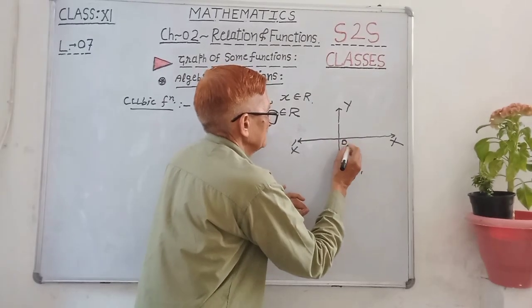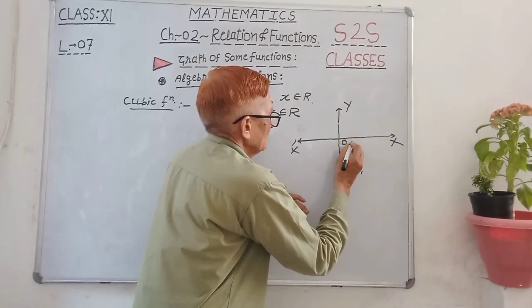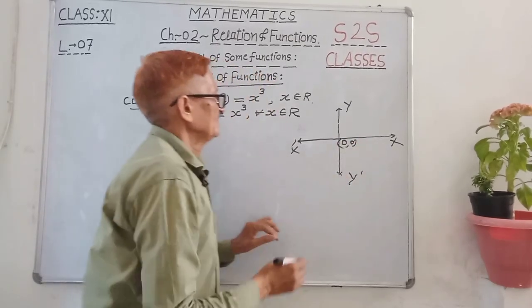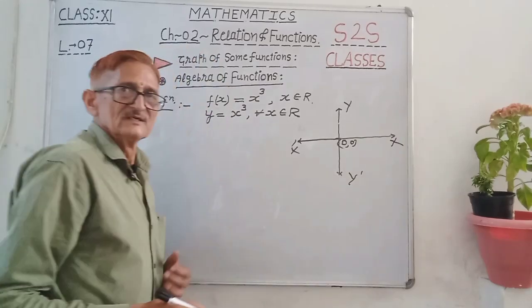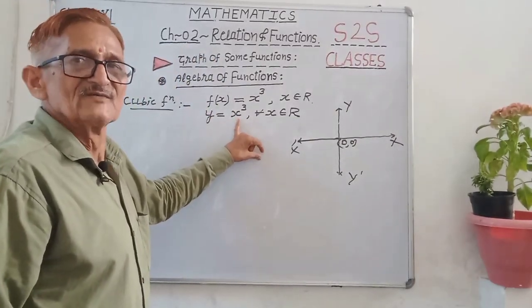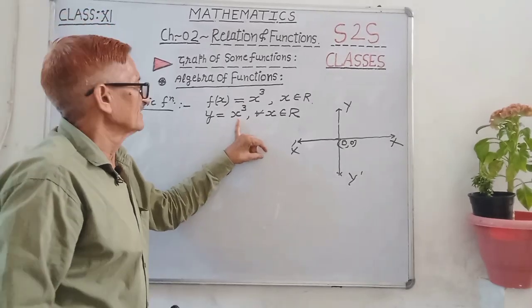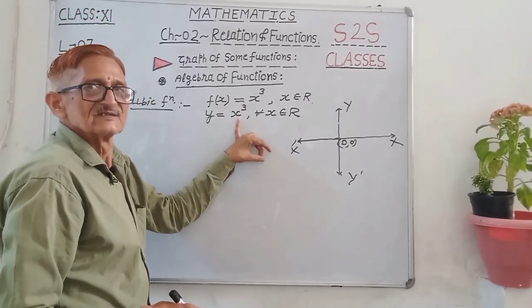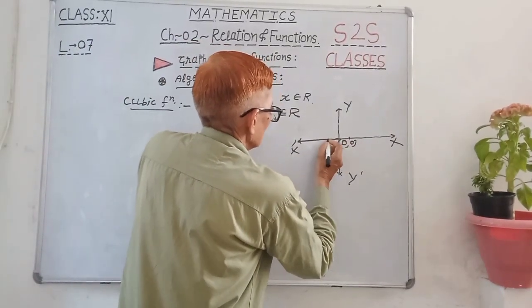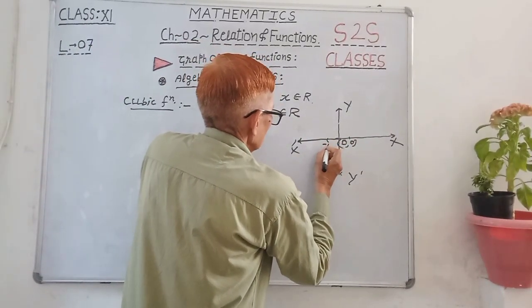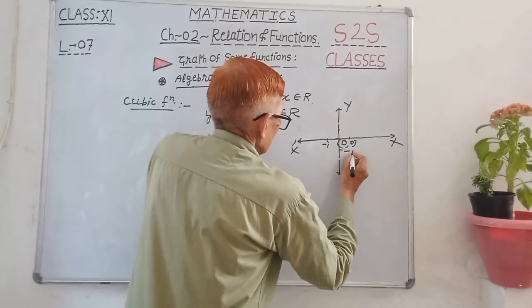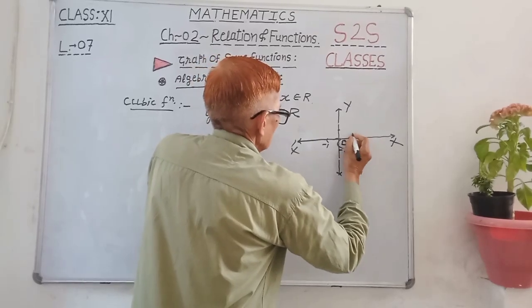The coordinate of this is (0, 0), you know this. After that, if you take x = 1, 1 cube is 1, and minus 1 cube is minus 1.